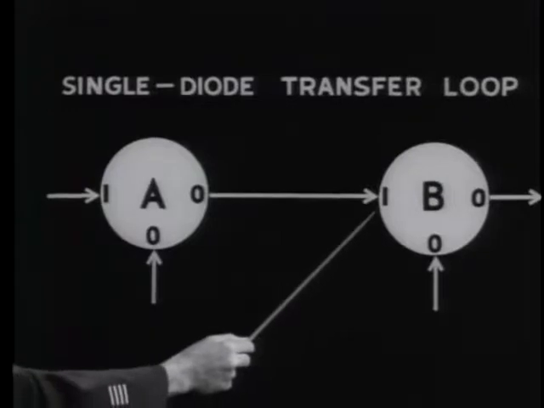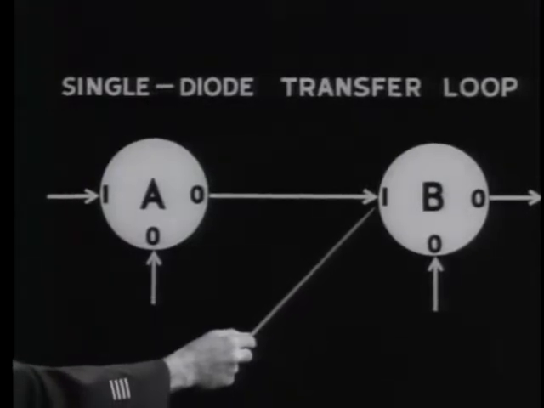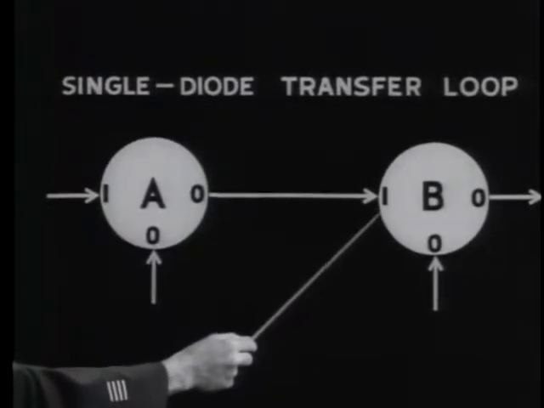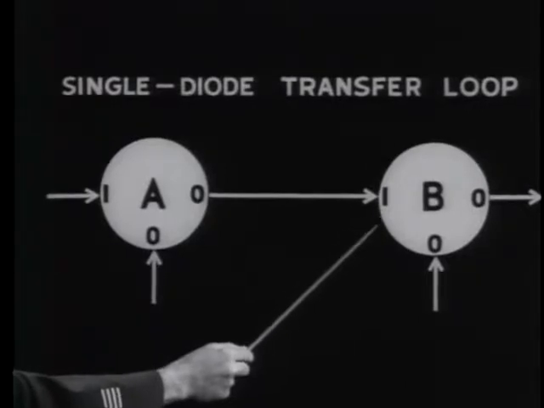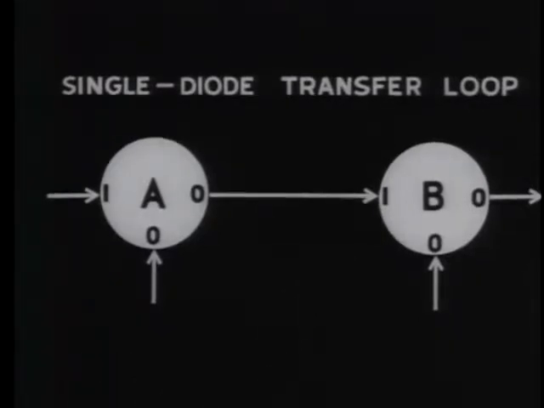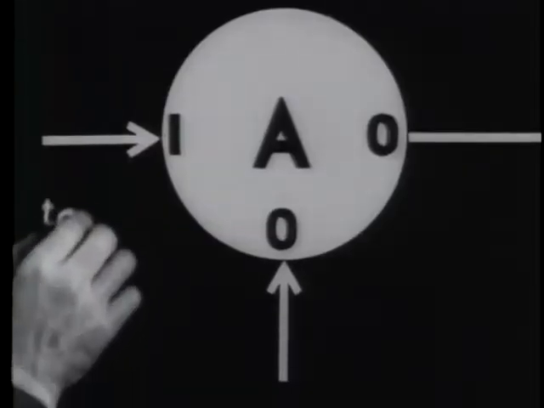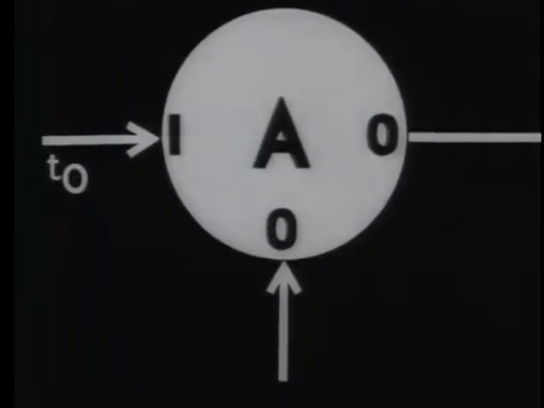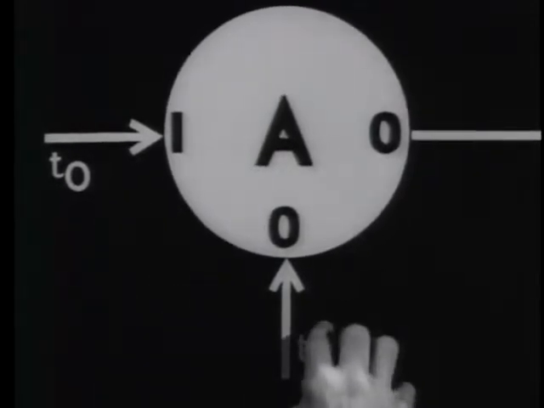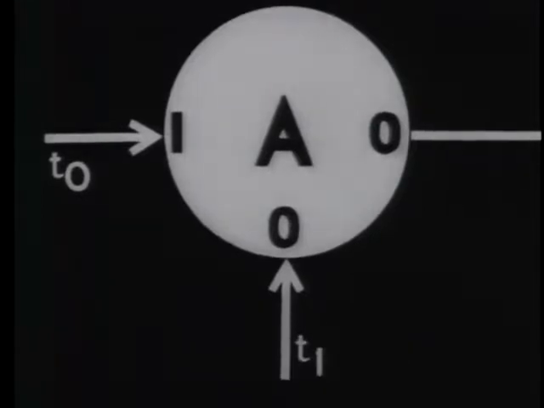The pulse traveled along to the input winding of core B, entering it on the non-dot side and switching core B to binary 1. Thus, at time t0, we stored a binary 1 in core A, and at time t1, we transferred that binary 1 to core B.